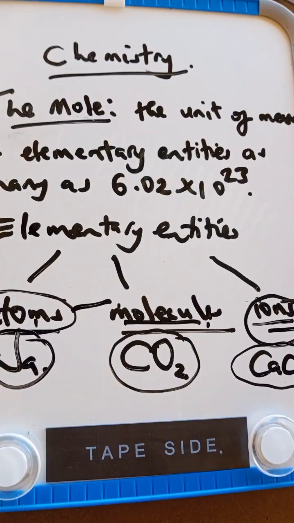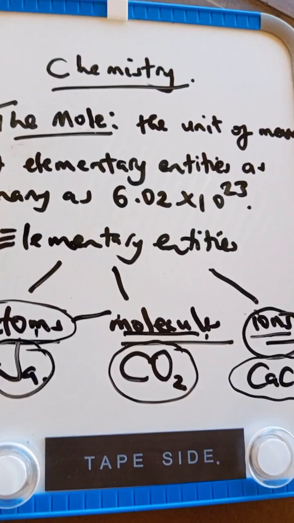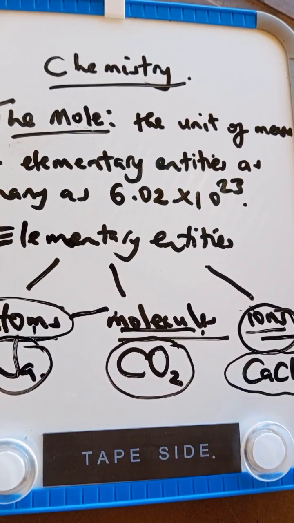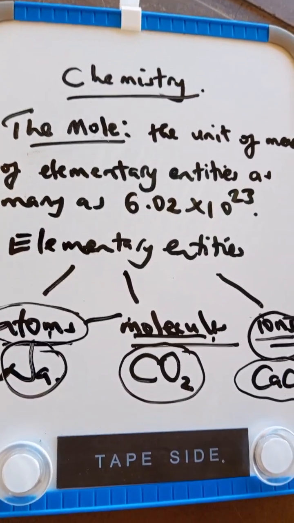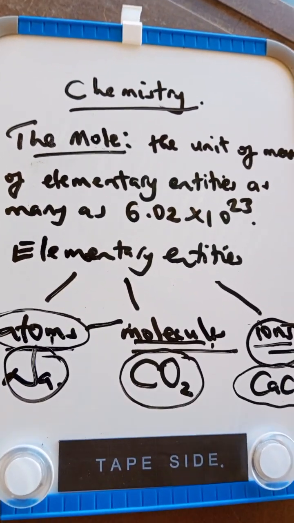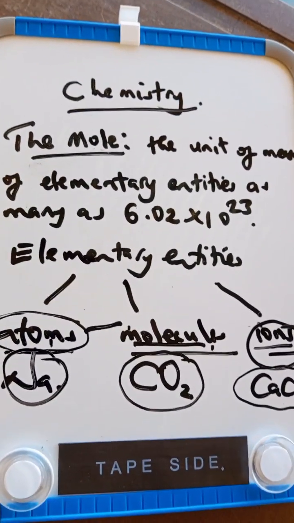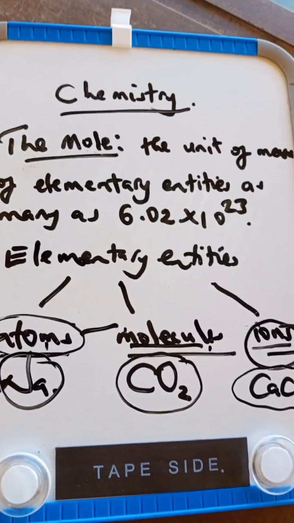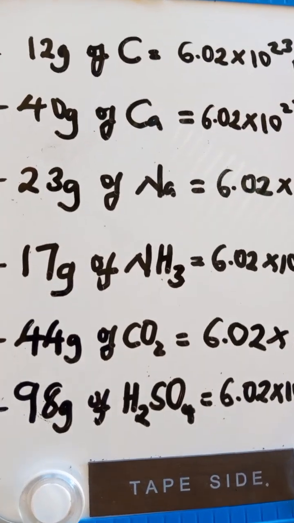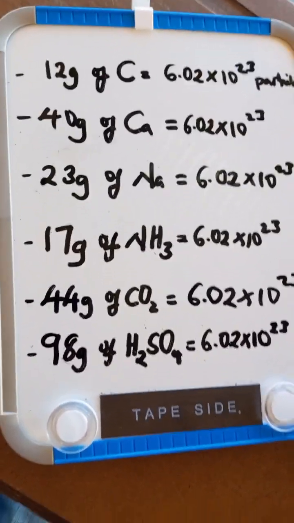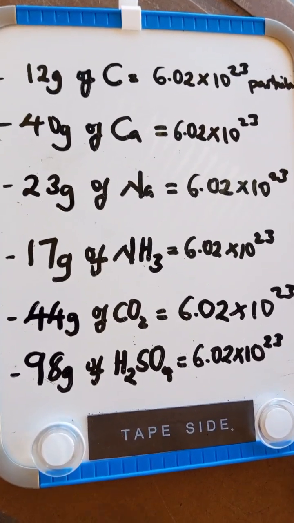And so let's now proceed to look at the number 6.02 times 10 to the power 23. What is it equivalent to? Maybe let's look at the element. What is the mass of 6.02 times 10 to the power 23 particles in each element? Okay guys, so I paused the video and decided to pre-write this so that we don't waste much of the time writing.